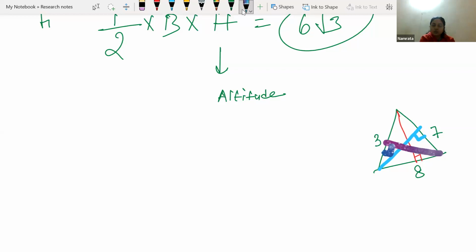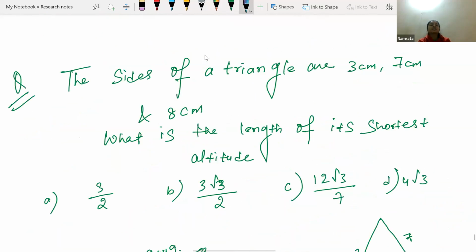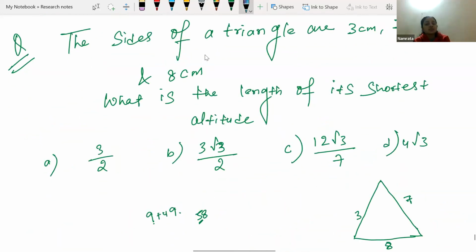To each base, we are dropping the perpendicular. So which base will we take? Let's focus on the question. It says, what is the length of its shortest altitude? Whenever we have to find the shortest altitude, we will drop the perpendicular on the largest side. That will give the shortest altitude.